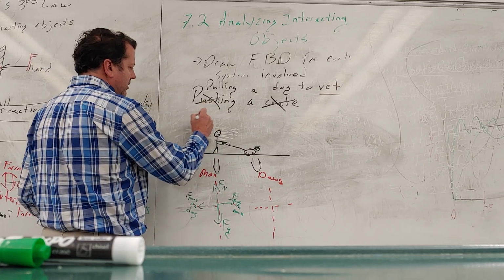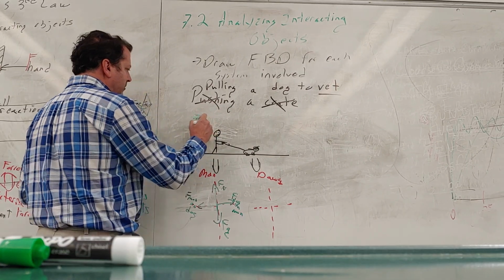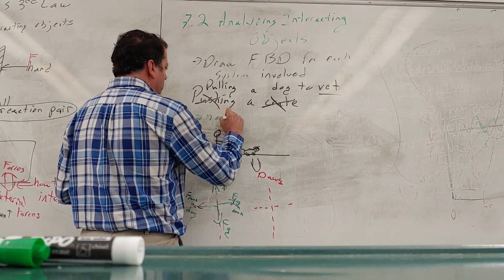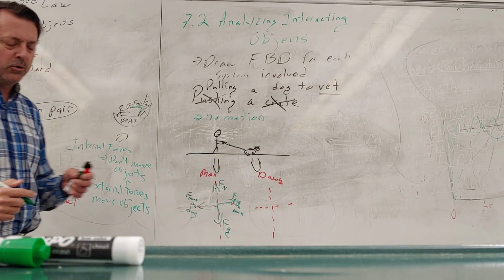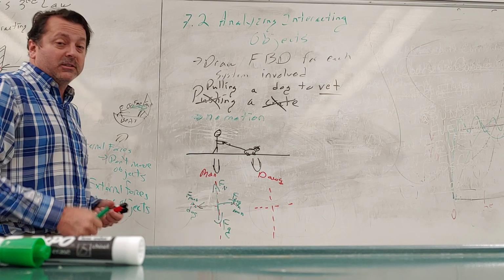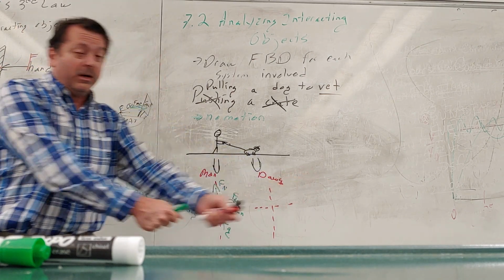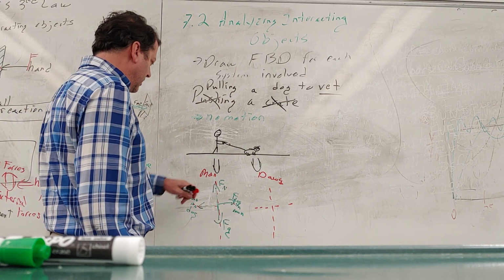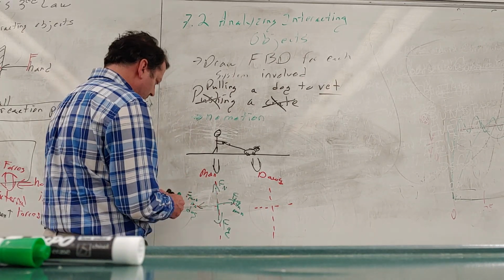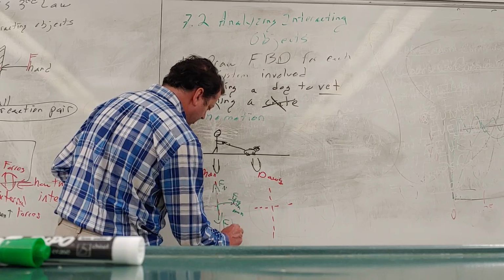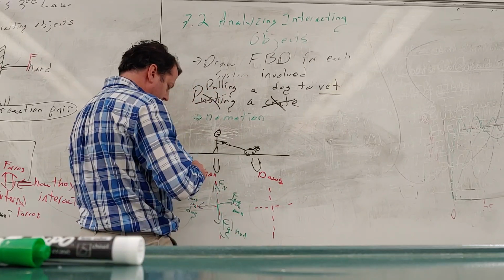And just to specify, we'll say no motion. It could be with constant motion. We'll say there's no net motion here. It's a standoff, right? Dog's going this way, he's going back the other way. So this is for the man, that's his free body diagram. For the dog, we'll label this as the weight of the man.